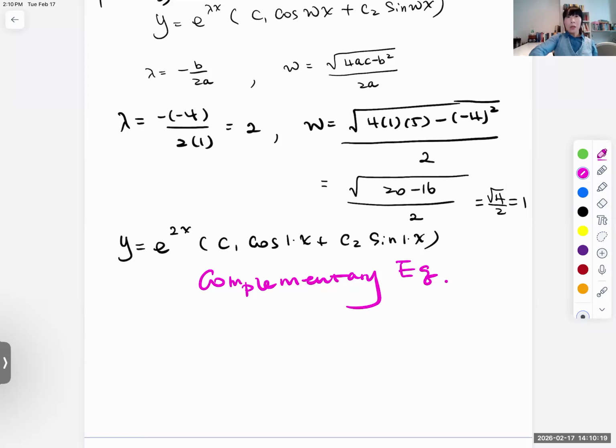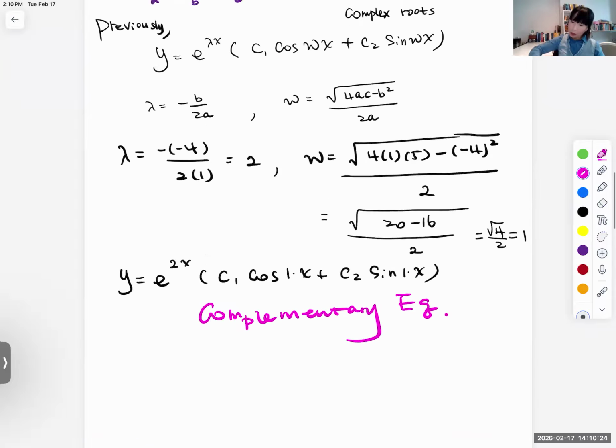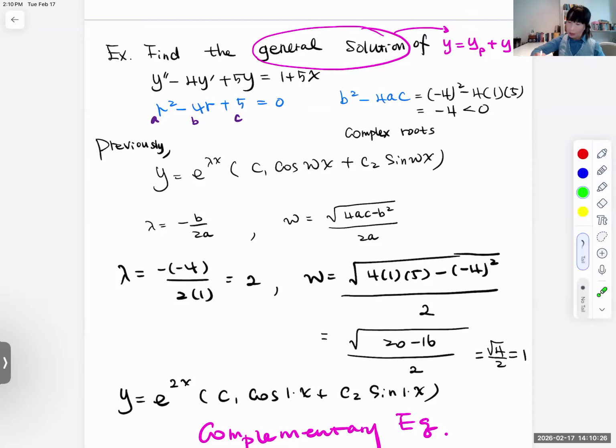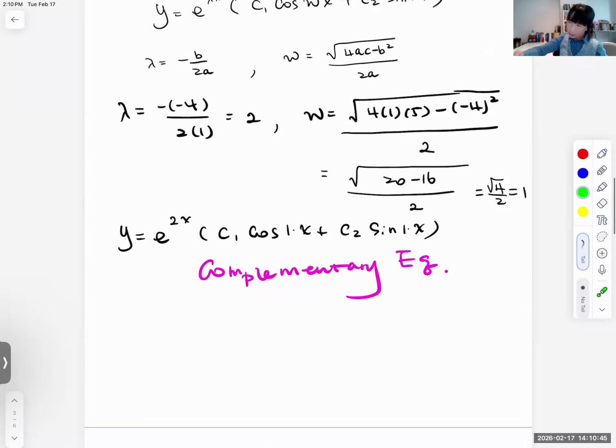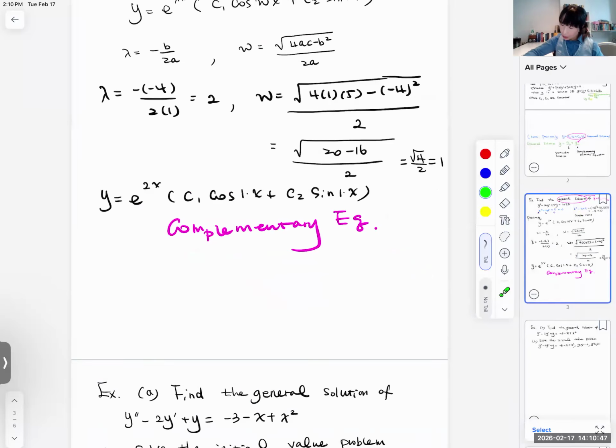Okay. All right. Because our goal is to find the general solution, right? The general solution is the particular solution with the complementary equation, right? Okay, so particular solution, how do you find it? Let us do that. Let me add one more page here.